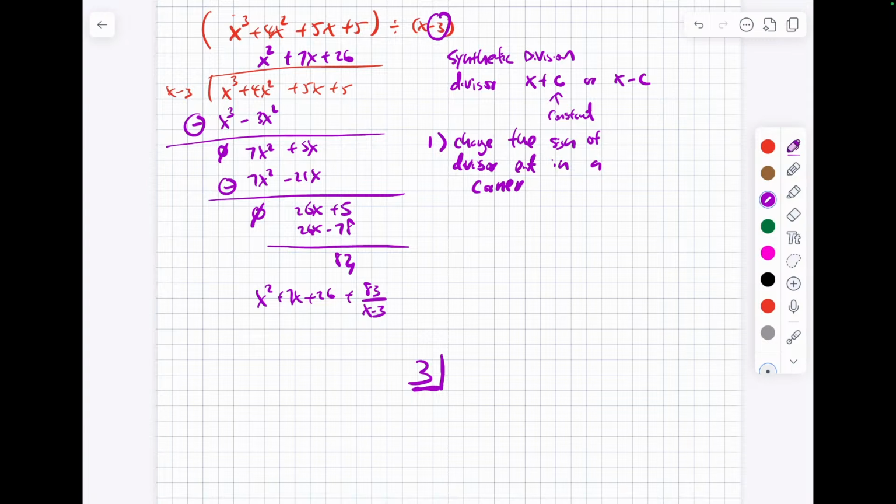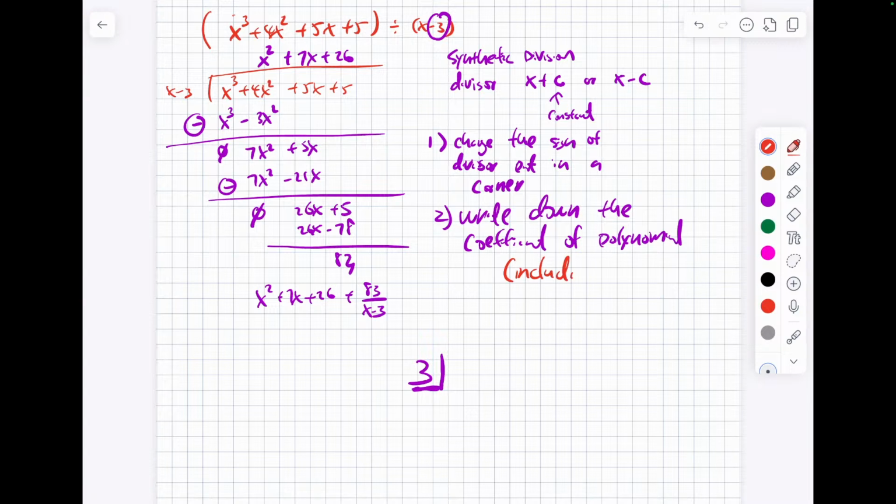And then the second step is write down the coefficients of the polynomial. Now I want you to highlight something: including the placeholder.